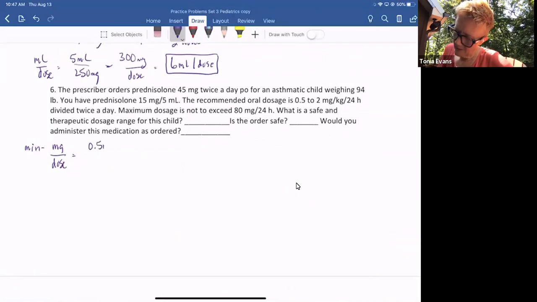0.5 milligrams per kilogram per day. And 1 kilogram is 2.2 pounds, 94 pounds.